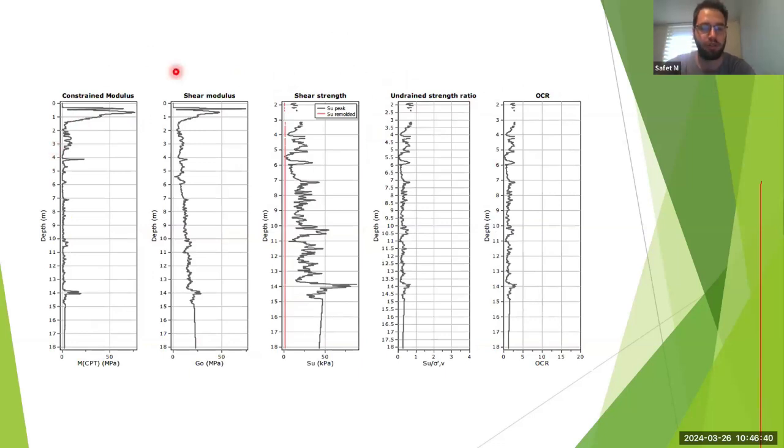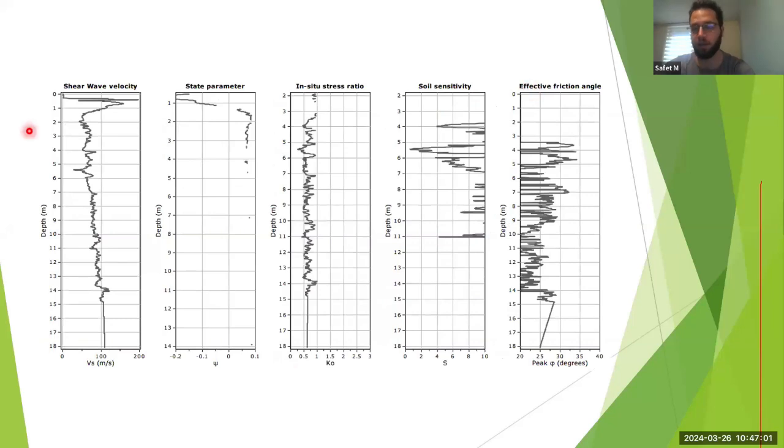You can get shear modulus that you could get from the shear test, shear strength, which would be really important for designs, undrained shear strength ratio, and the OCR. OCR is the over consolidated ratio, which means that the soil was exposed in its history to some greater stress than it is now.